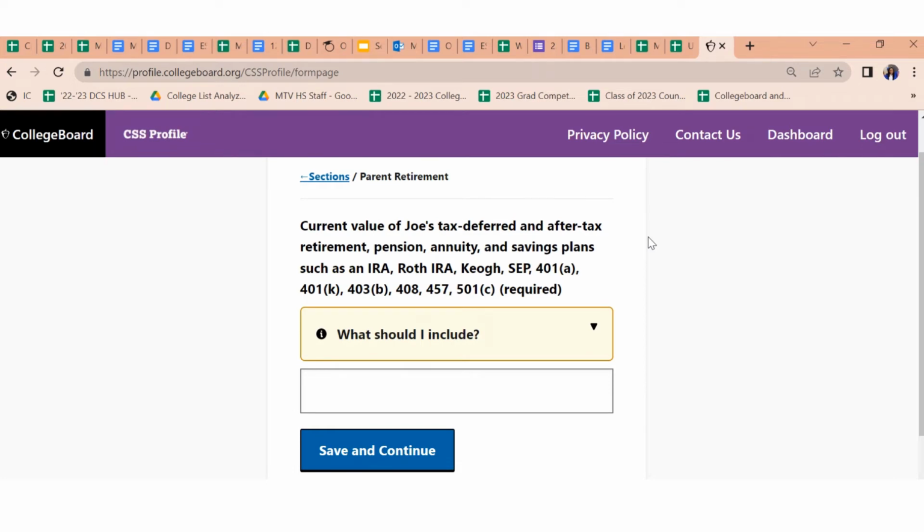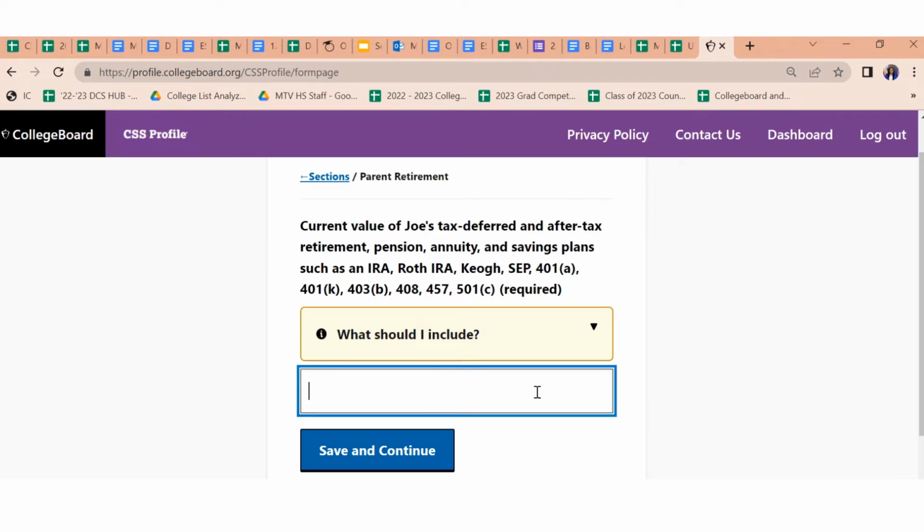So down the road, if your financial aid packages look like they are not right, or that you are not getting as much financial aid as you think you should, it could be worth reaching out directly to that financial aid office and making sure that they are not taking parents' retirement funds into consideration.